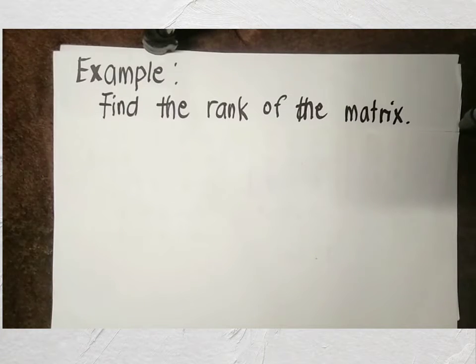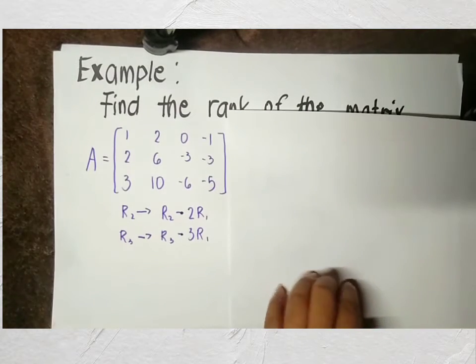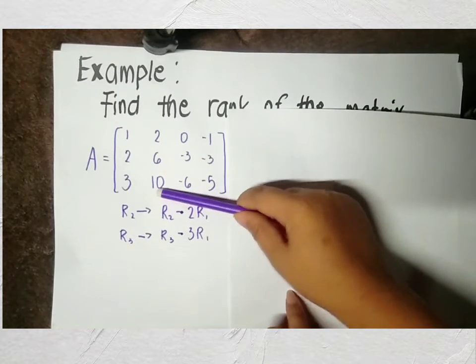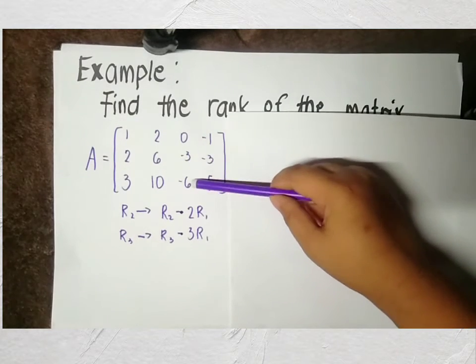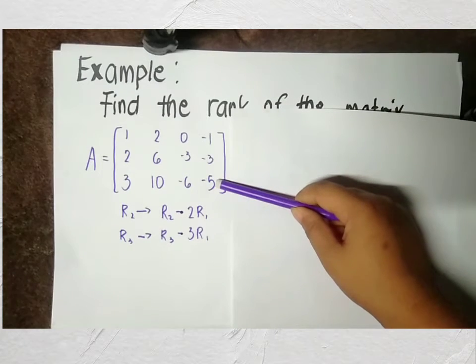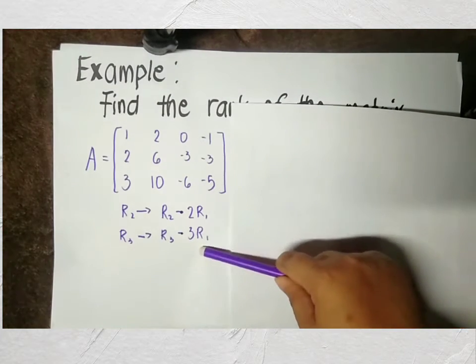For example, find the rank of the matrix using echelon form. Let A equal 1, 2, 3, 2, 6, 10, 0, negative 3, negative 6, negative 1, negative 3, and negative 5. So, to solve this, for the first and second row, I use these two formulas.